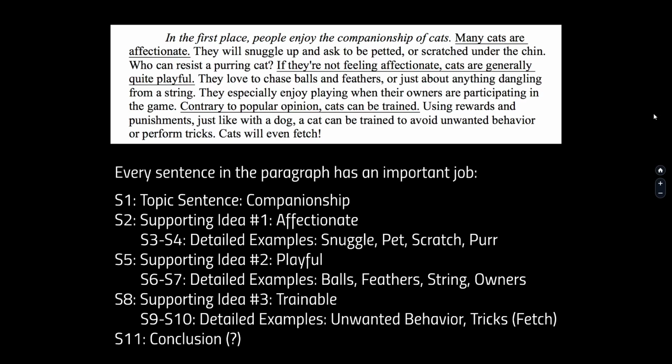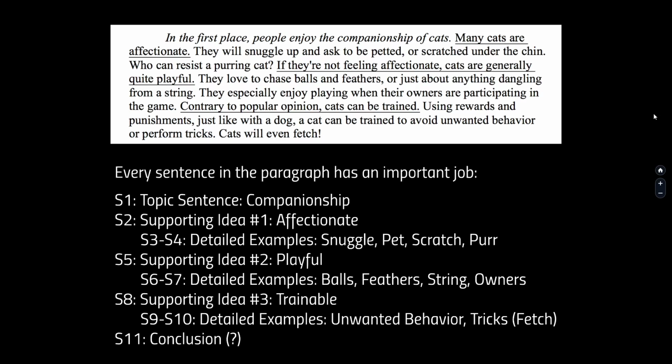Sentence number 2 states cats are affectionate. Very simple, right? And then sentences 3 and 4 offer those good detailed examples. Snuggle, pet, scratch, purr, those action words that describe the way that cats show their affection to humans and humans show their affection for cats.